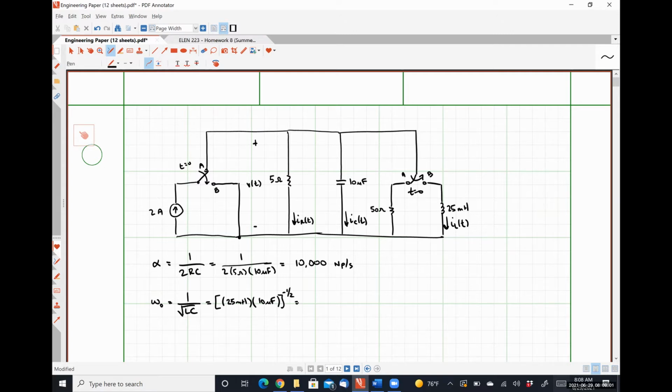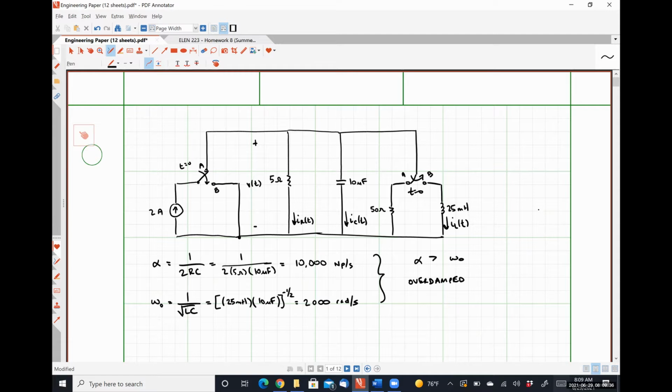That gives 2,000 radians per second. And so we can obviously see that alpha is much larger than omega naught. So this looks like an overdamped circuit. Sorry, I'm having a bit of a brain fart there. So alpha greater than omega naught, so we have an overdamped circuit.